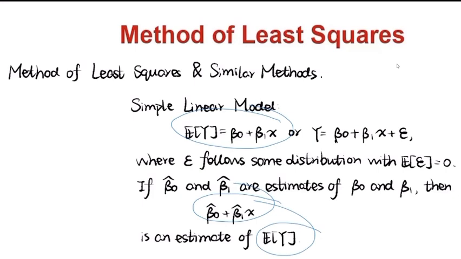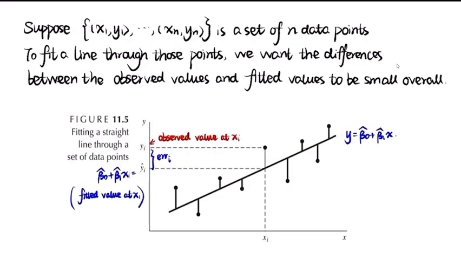Because we actually want to get the estimate of the expected value of y. So the estimate of the expected value of y now is going to be beta naught cap plus beta one cap x. Okay, so the parameters that need to be estimated are actually beta naught cap and beta one cap.